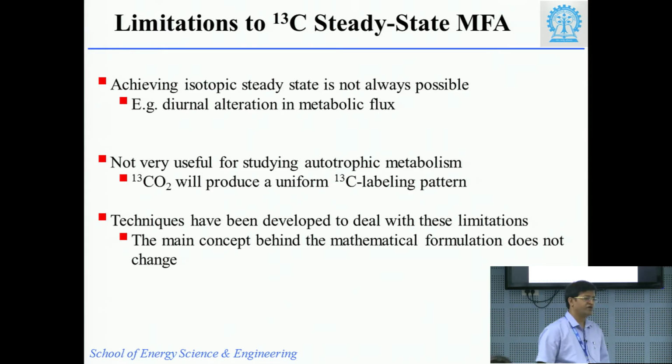But the mathematical formulation does not change. The mathematical formulation, like calculating the IDV computationally, then the MDV, and then comparing the data, remains the same. Only the experiment changes. Suppose you use a different substrate, then accordingly you modify your method. So, that actually gives you a very accurate flux prediction.